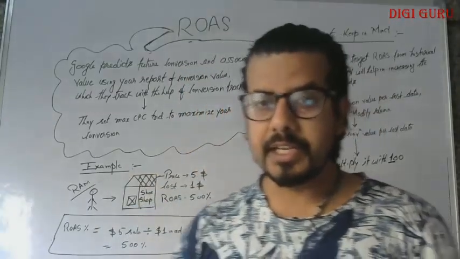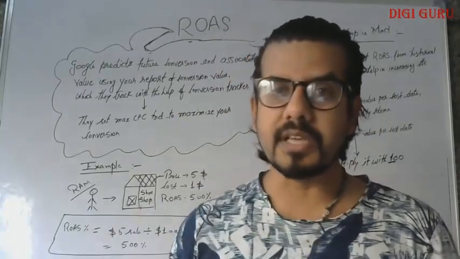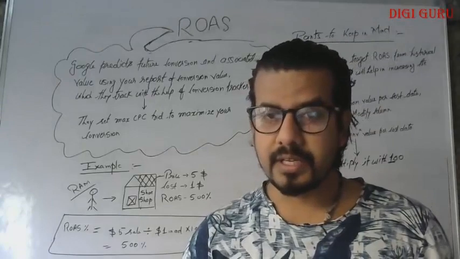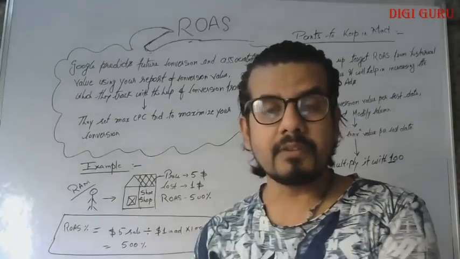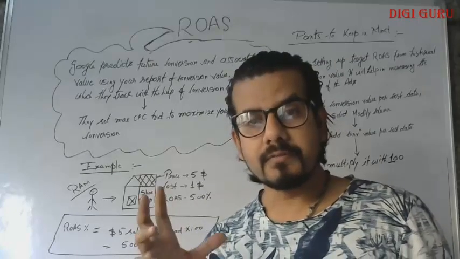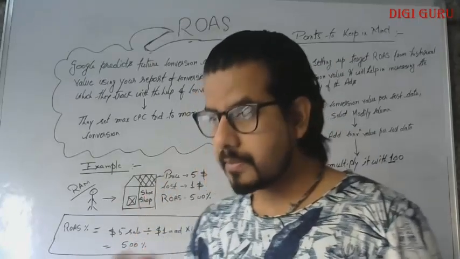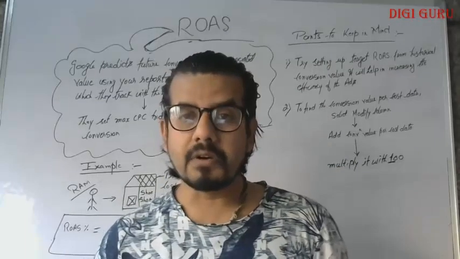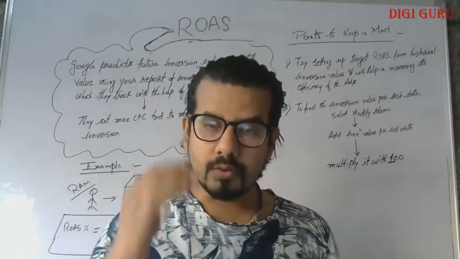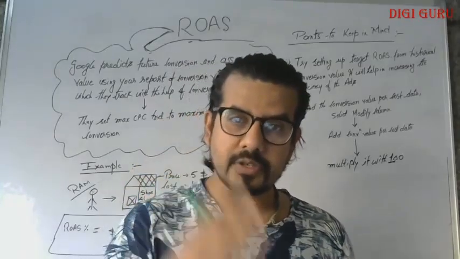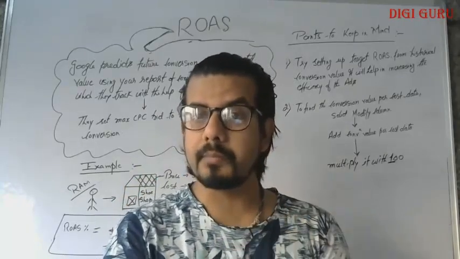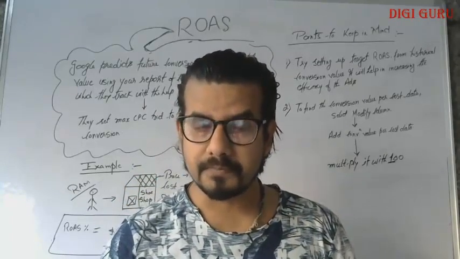If I would technically define ROAS, what happens in ROAS? In ROAS, Google predicts the future conversion and the associated value which is required to get one conversion with the help of the conversion tracker. Basically, for ROAS we require certain conversions to happen so that Google can predict the trend, how the user has been interacting with your website and your product center.